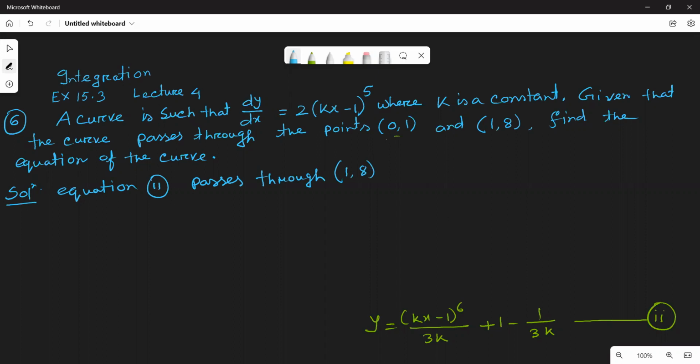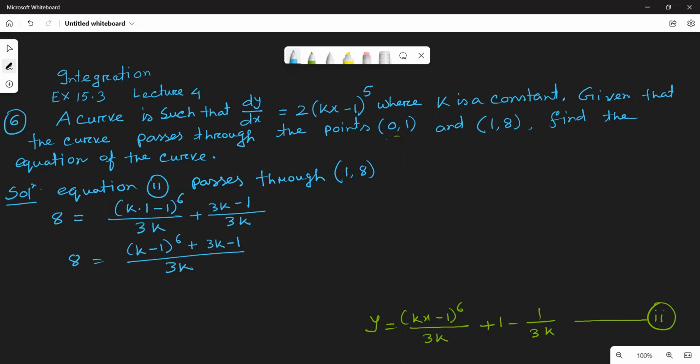So (1, 8). In equation 2, we have to put in place of y 8 and in place of x 1. So finally we get (k into 1 minus 1) to the power 6 and below side 3k, plus, if we solve this part, we'll get here 3k minus 1. So finally we'll get here 3k (k minus 1) to the power 6 plus 3k minus 1.